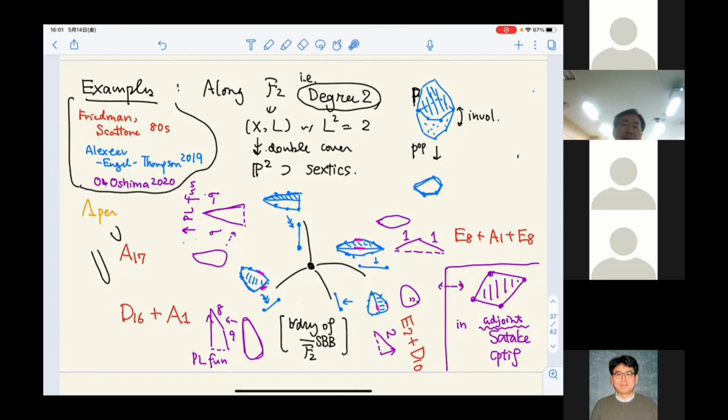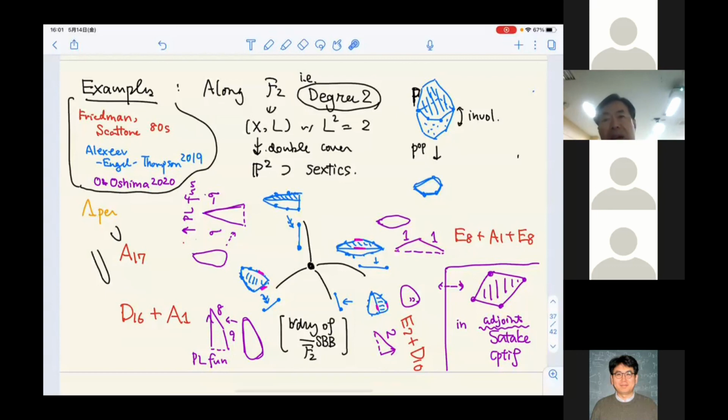But what we recently observed is that there's a PL function of this form in this case. So yeah, it is non-differentiable, but only at 1 point. And in this case, we associate this kind of function. In this case, we associate just a linear function like this.